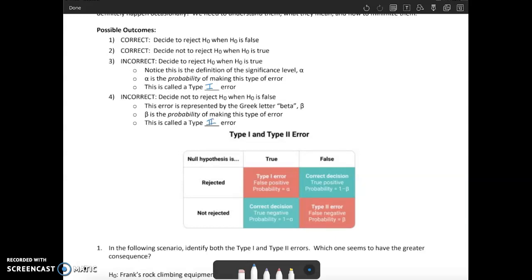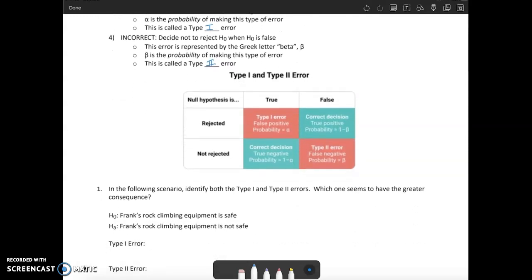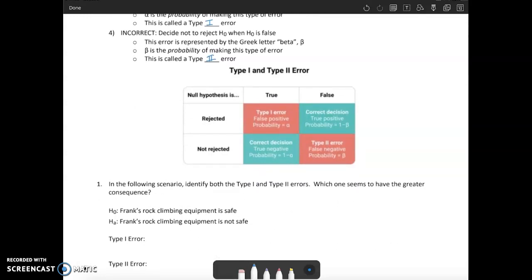And then we have an image here, just this little table that lays it all out in a visual way if you're more of a visual person, but it's the same information that I just said. It lays it out in more of a table, where the null hypothesis is either true or false. If it's true and we reject it, that would be bad.